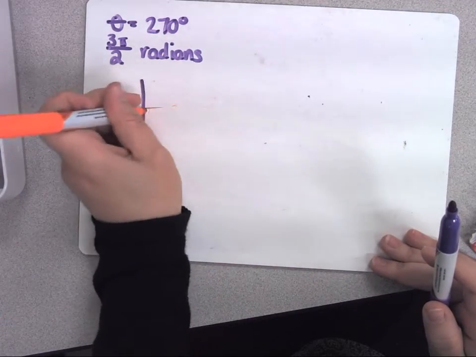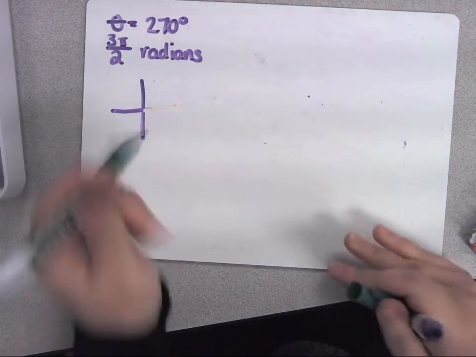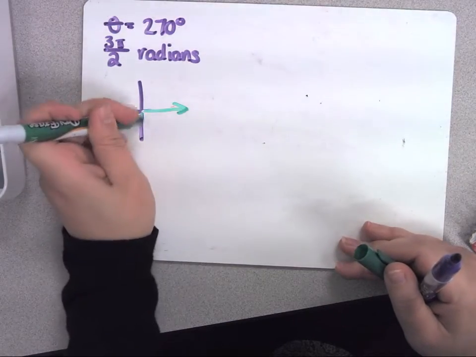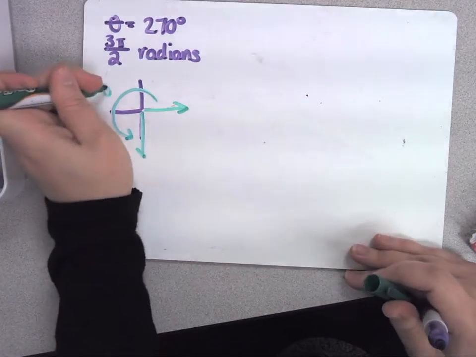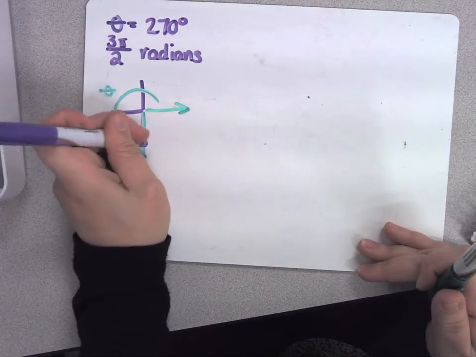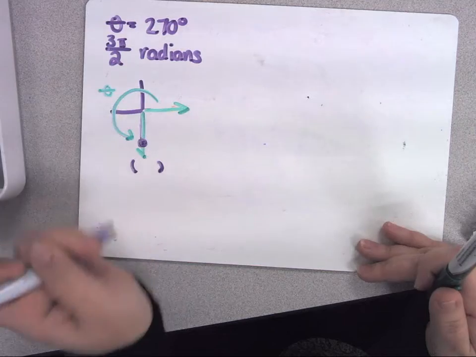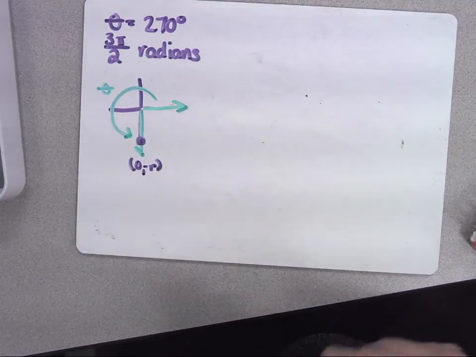Oh, I'm killing my orange marker. All the way around. That's our big angle, or radians. Point down there, what's that point going to be? 0 comma negative r, correct.